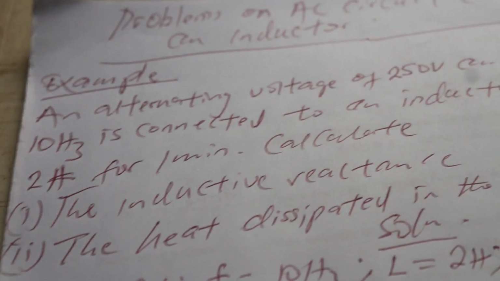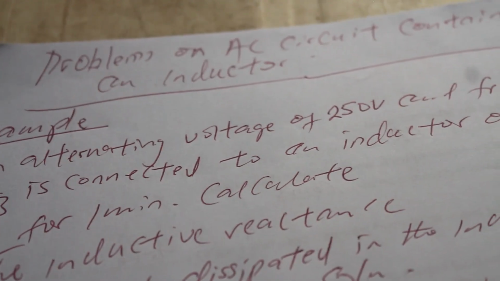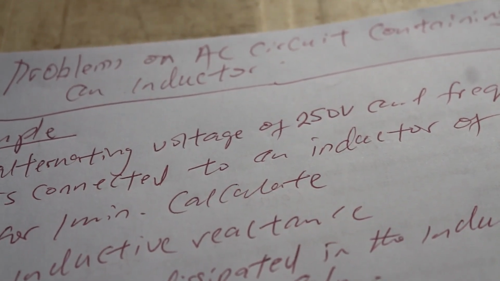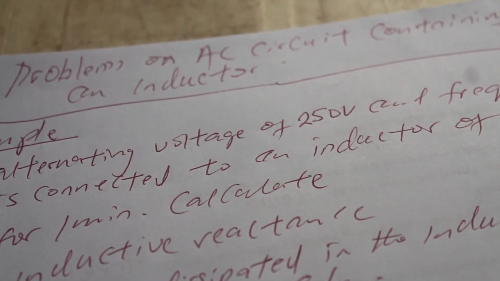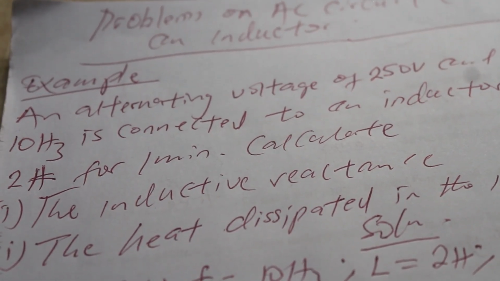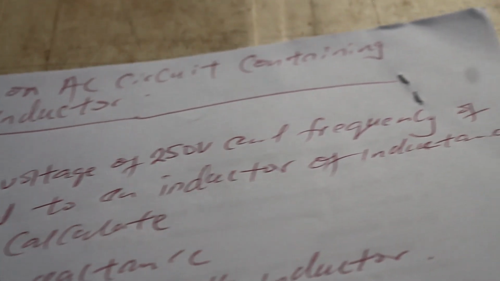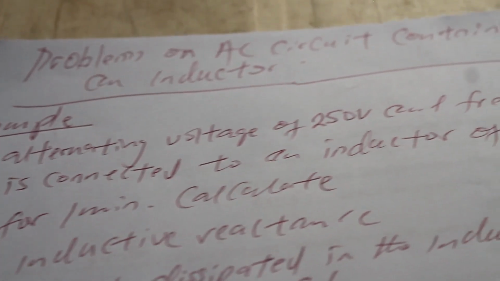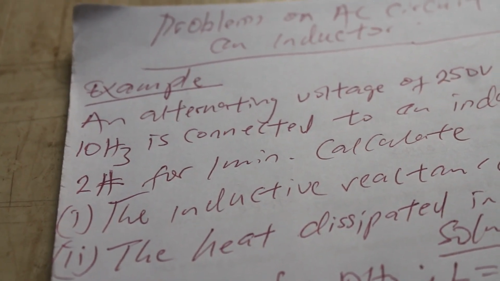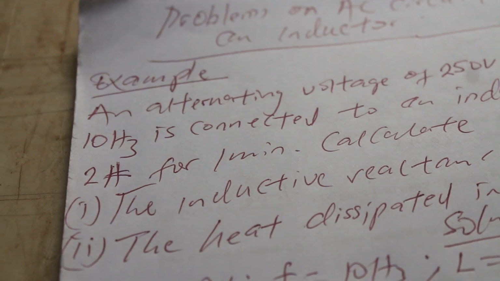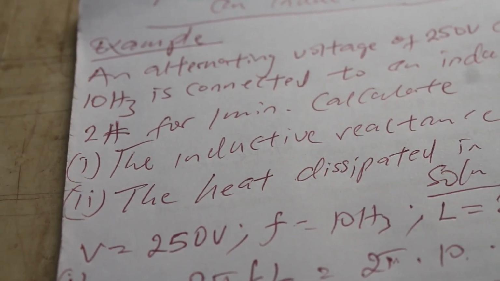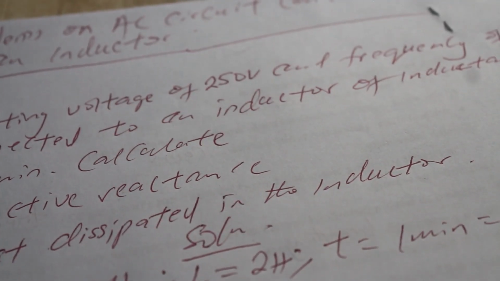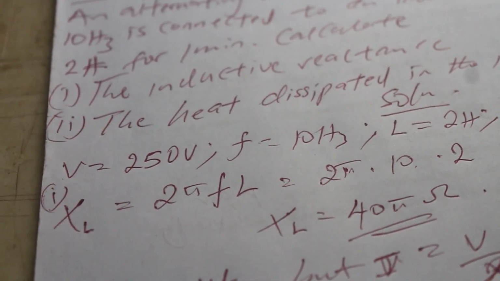So here's a simple question involving an inductor in an AC circuit. So here we said an alternating voltage of 250 volts and frequency of 10 hertz is connected to an inductor of inductance 2 henries for 1 minute. Calculate the inductive reactance, and 2, the heat dissipated in the inductor.